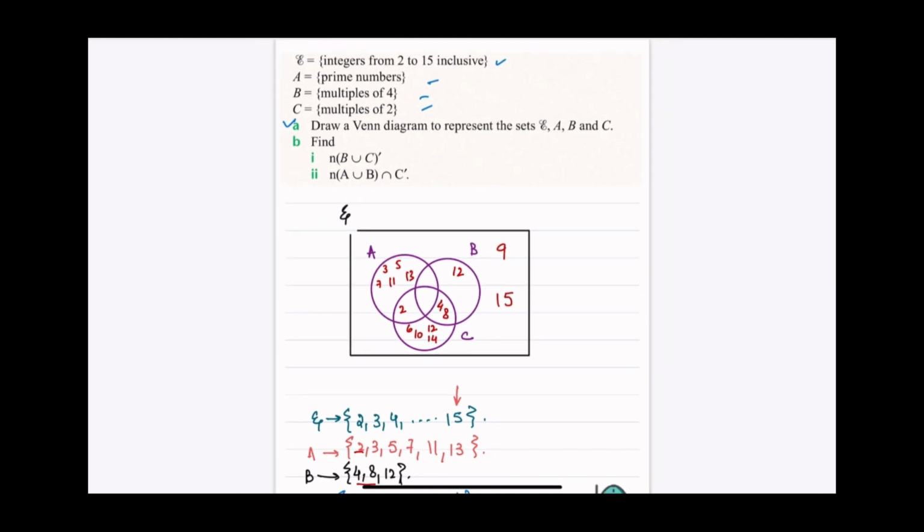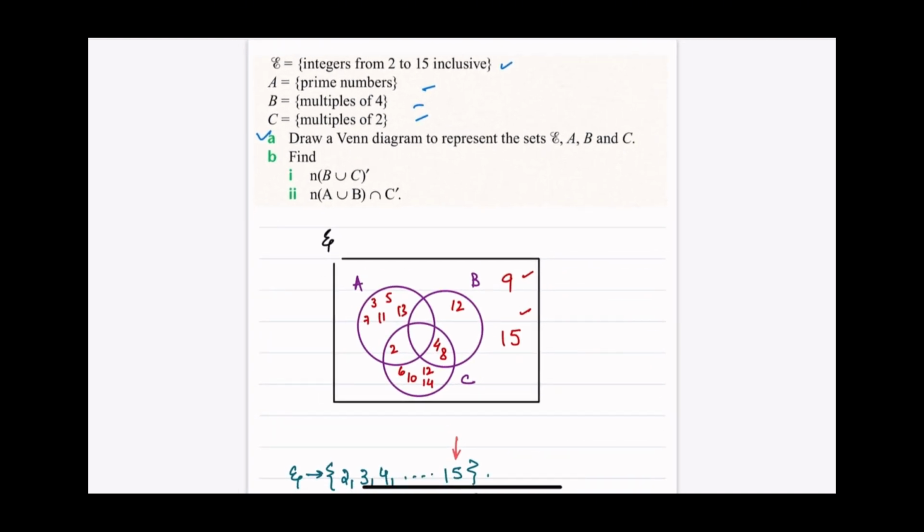This means none of these two elements were a part of any of those sets A, B, or C. Now, let's find the number of elements in B union C complement. First, take out what is B union C, which means all the elements in B and C inclusive.